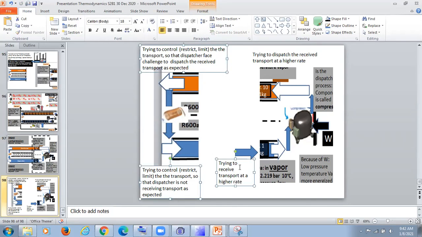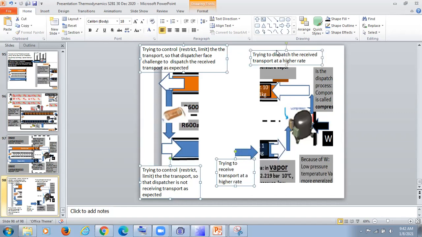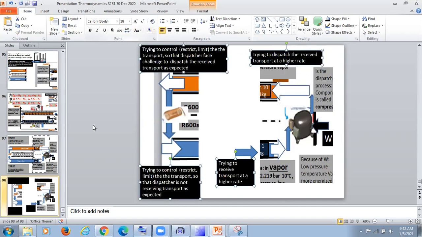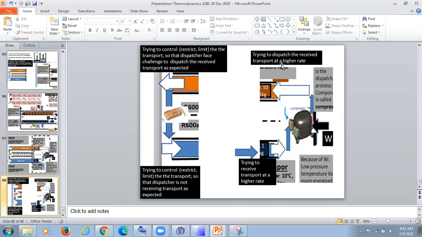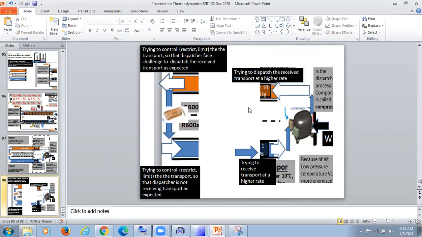So I will take these 4 situations. Okay, these are the 4 situations. So what happens is, as a result, these 2 components, of course, somehow must strike a flow balance.